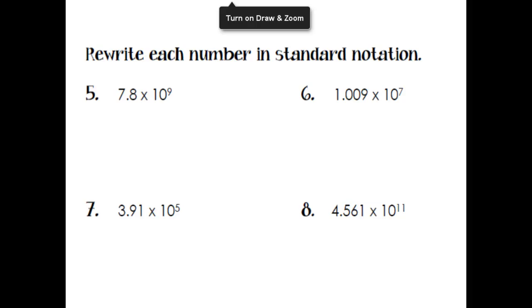All right, people, I made it back. Rewriting in standard notation or standard form. This number means that it's a positive exponent. So positive exponents grow. Sorry about this handwriting, y'all.